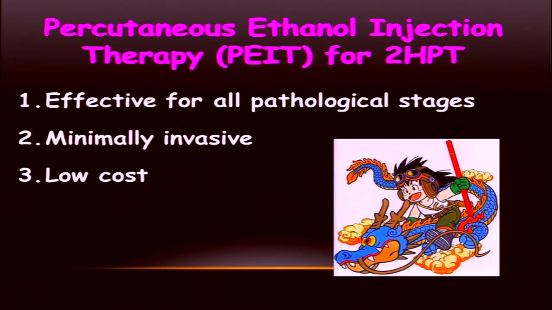Percutaneous ethanol injection therapy, PEIT, for secondary HPT was first published in 1985 from Italy and developed in Japan in the 1990s. It's effective for all pathological stages, from diffuse to nodular, and minimally invasive in general, and extremely low cost.